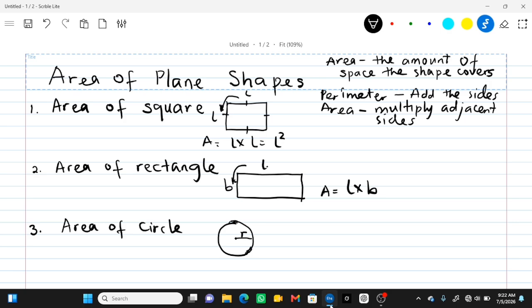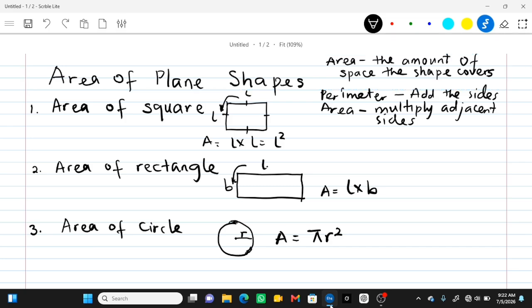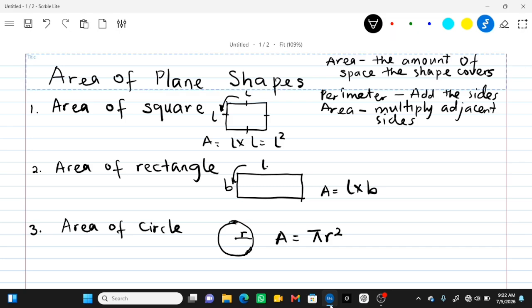Now area of a circle, we can't really multiply this, but the area is pi r squared. Remember the perimeter is 2 pi r, so we can move the 2 up to the place where the r is. So now I should give you some examples.